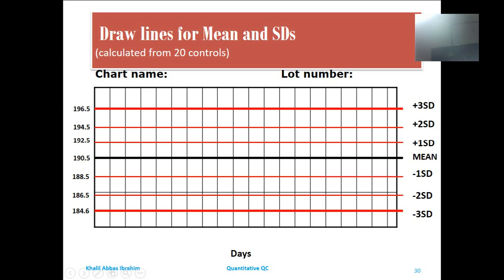So this is the range of the measurements that you need to adopt in the laboratory, or you may be satisfied only within plus or minus 2 standard deviation, and this will be the range of your measurements. If you adopt this, then you will never accept any values above or below those levels.